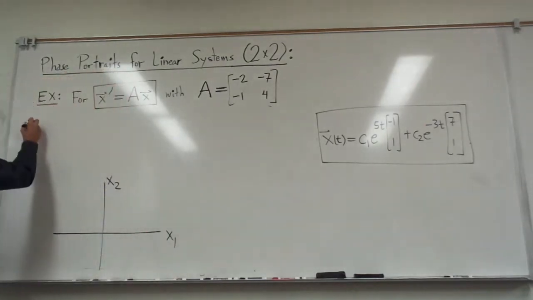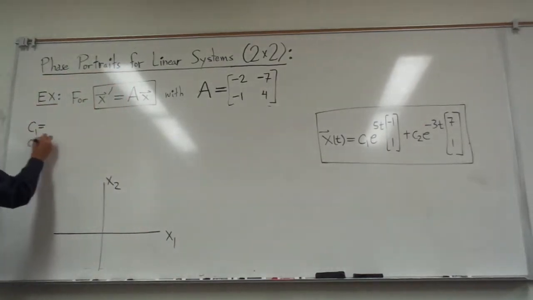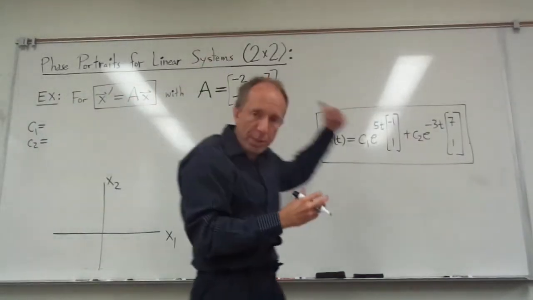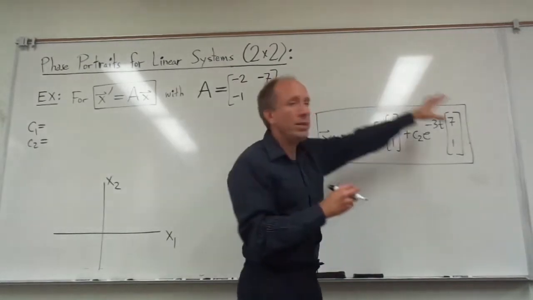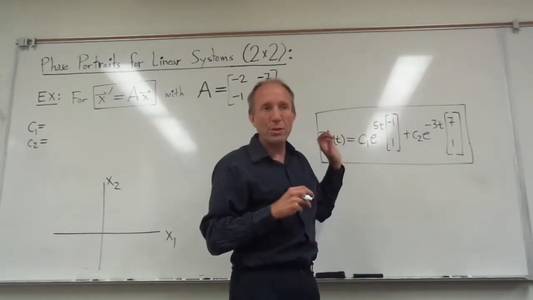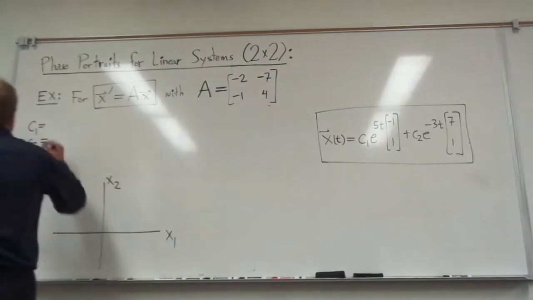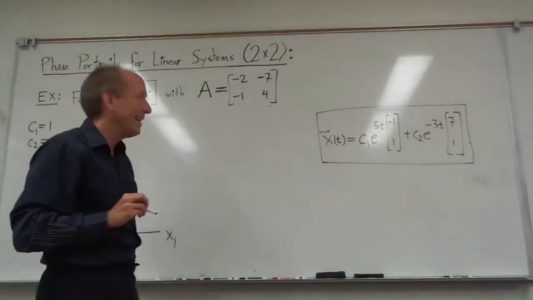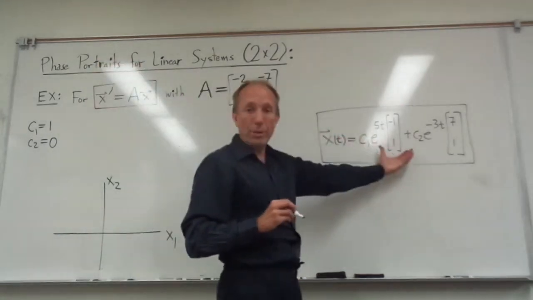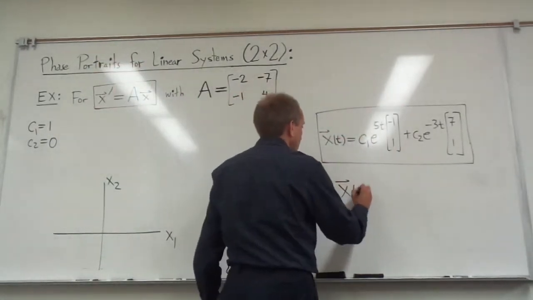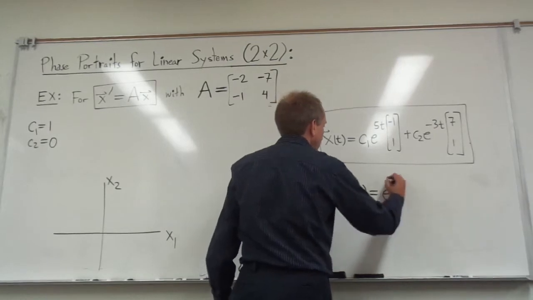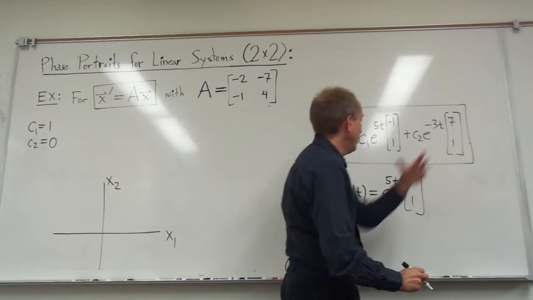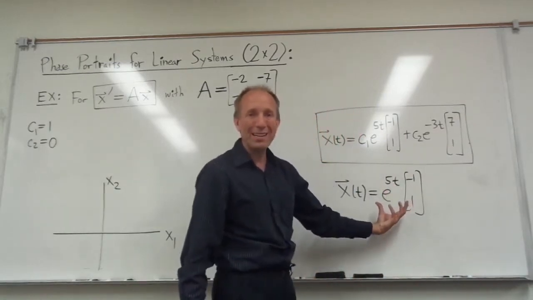I am going to choose various values of C1 and C2, specific numbers that will give me specific solutions within this general solution. So for example, I could let C1 equal 1 and let C2 equal 0, right? Now, if I did that, let's look at what we would have over here. Well, if C1 is equal to 1 and C2 is equal to 0, we would have this solution right here.